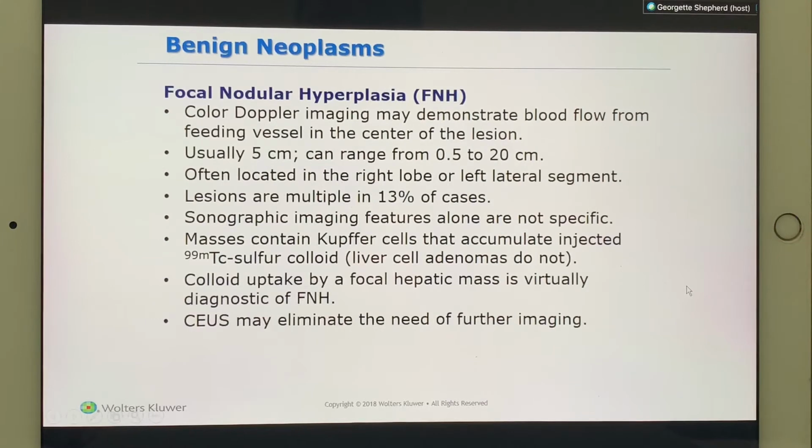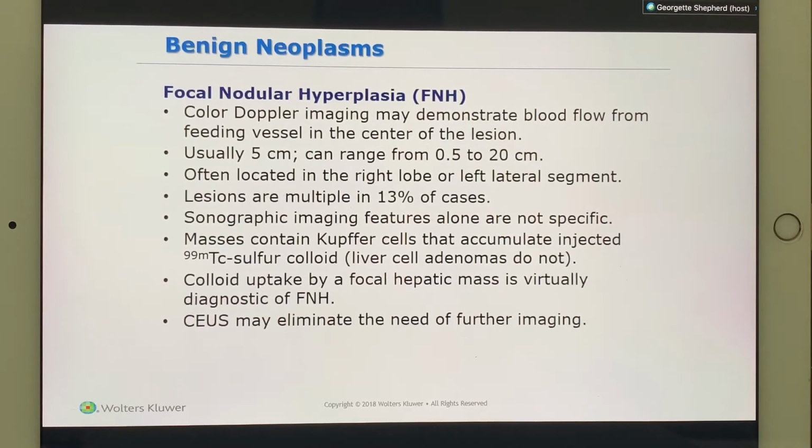They usually range around 5 centimeters, but they can get as big as 20 centimeters. And our job as sonographers is that we have to find the feeding vessel, just like if we see a lymph node, we have to find the feed.